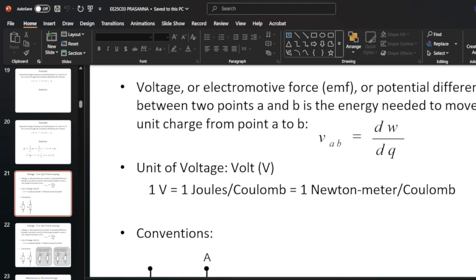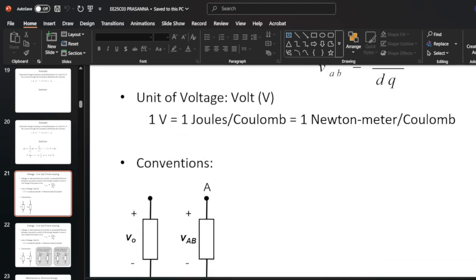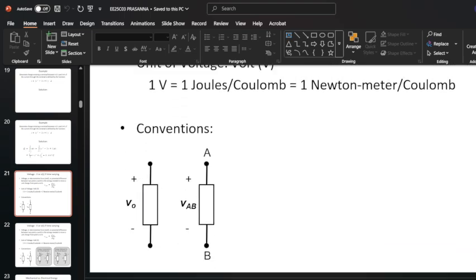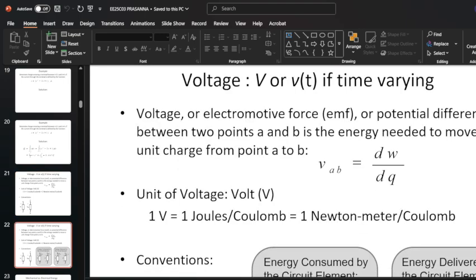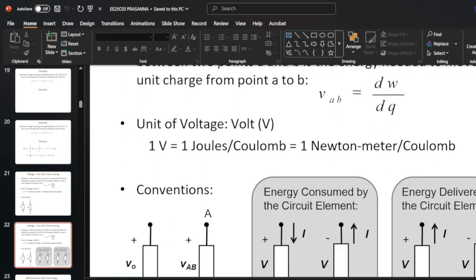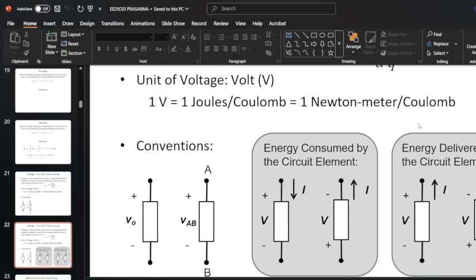Look at that. Suppose there are no named points, we can simply say positive and negative terminal. Suppose there are two points, we can indicate A as positive charge and B as negative charge. This is basic and very important, because the arrow, the current direction, is very important.